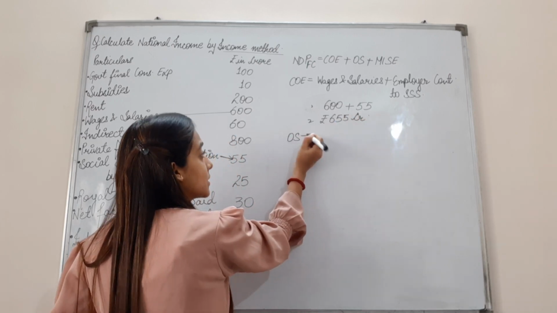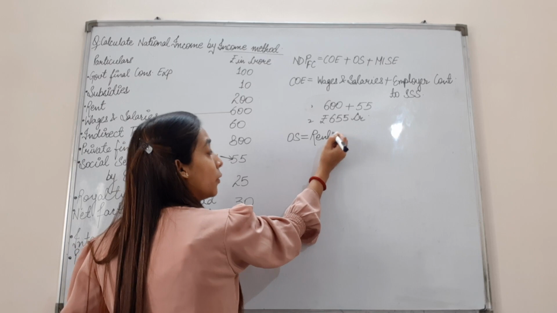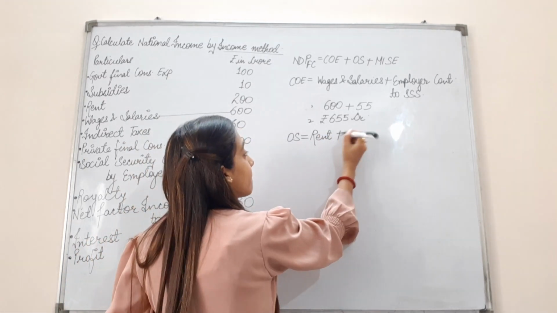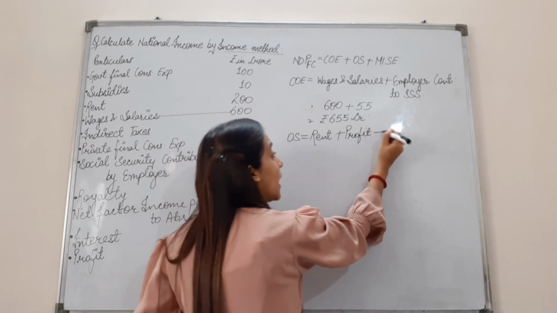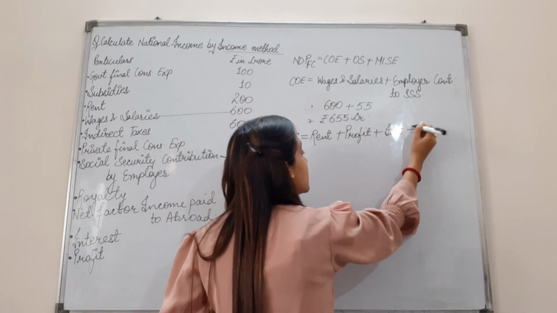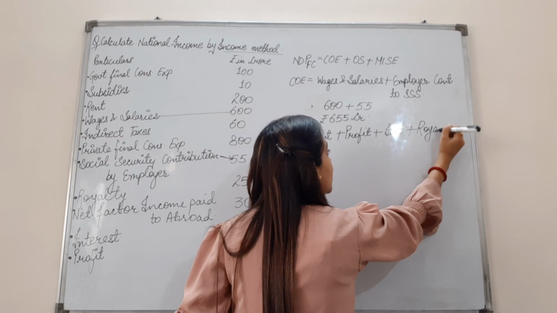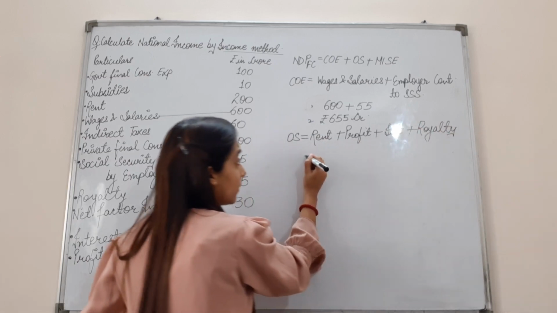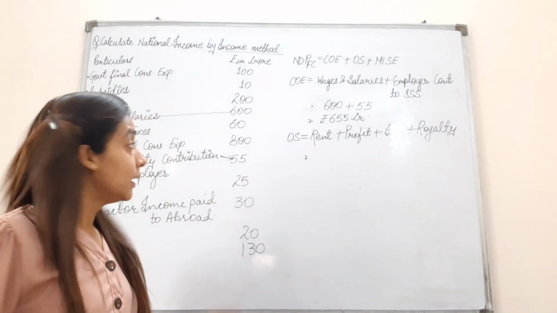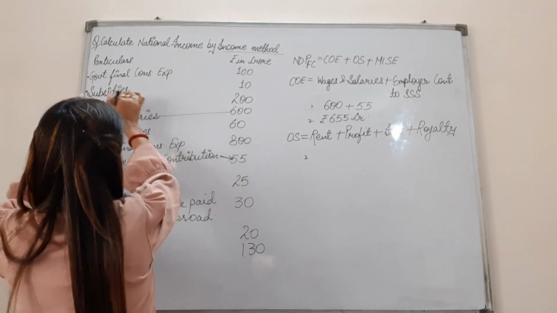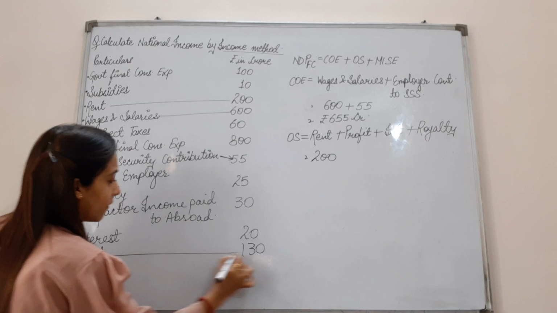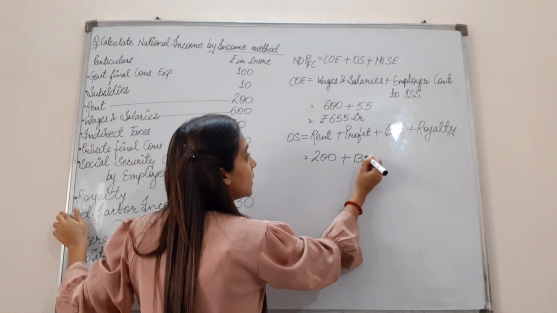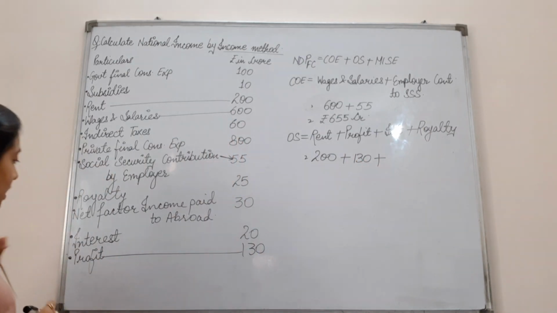Now what is OS? OS is equal to rent plus profit plus interest plus royalty. What is rent? It is given in the question, that is 200. Profits are also given, that is 130. What is interest?